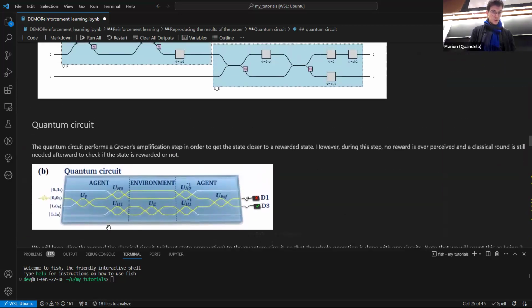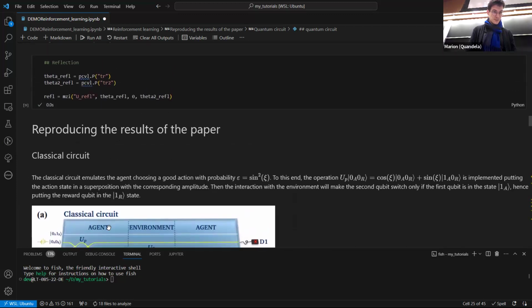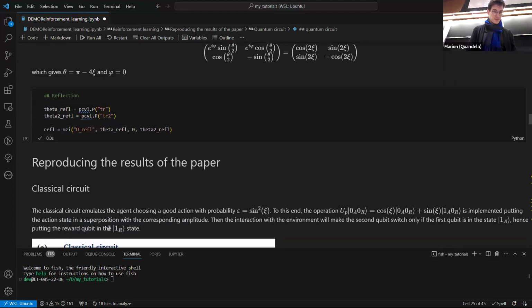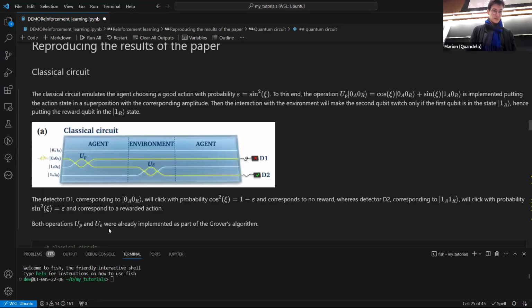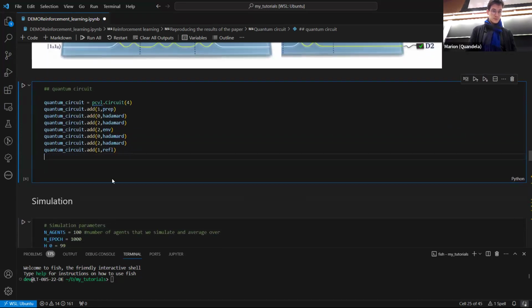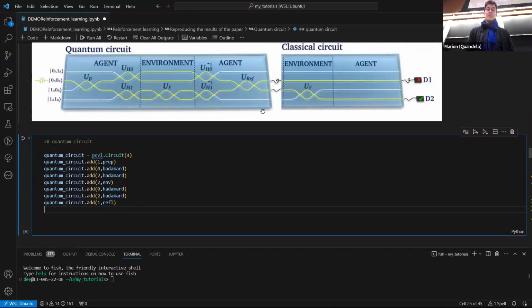And then you need to redo again the environment at the end. So quantum circuit dot add to environment.